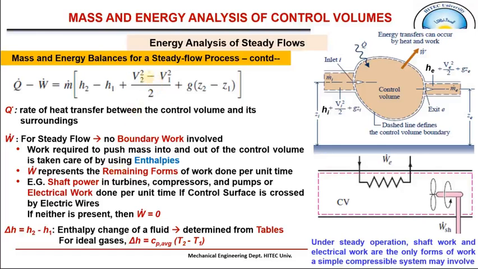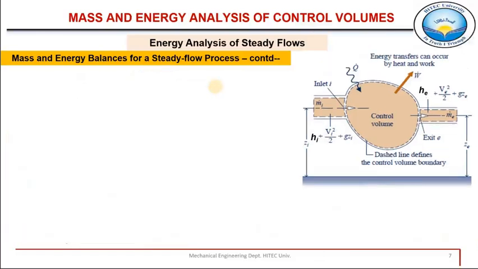So now let's discuss the change in velocity and change in potential energy. Change in kinetic energy is given by V2 square minus V1 square by 2. In some cases, this change in kinetic energy could be negligible. For example, if V1 is a very small value, equal to, for example, 0 meter per second at the inlet, right?